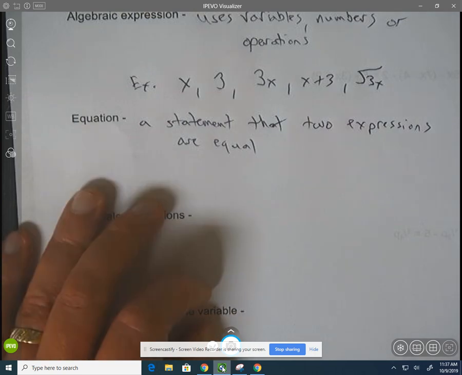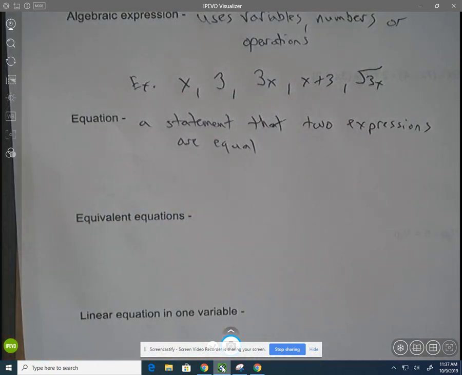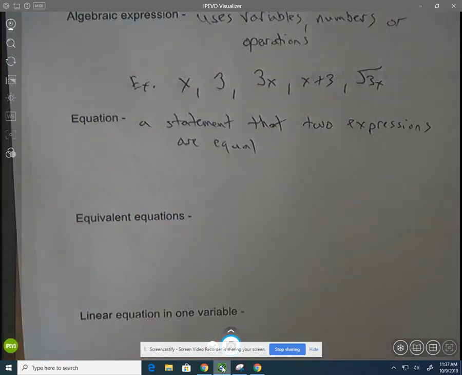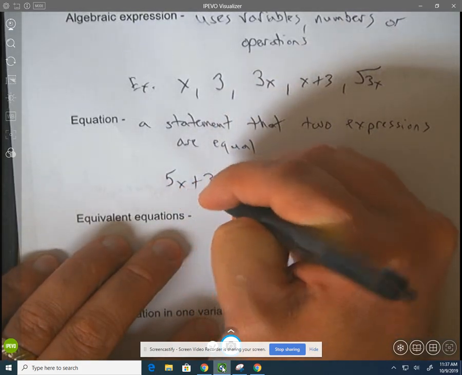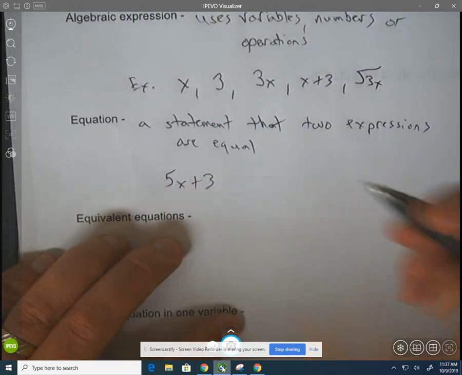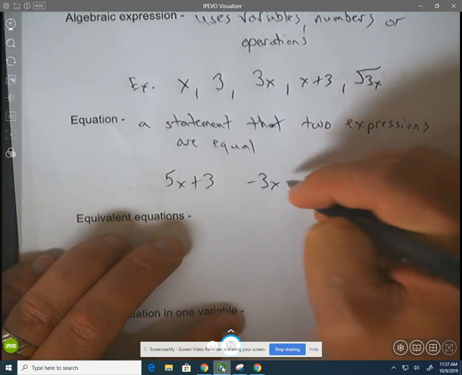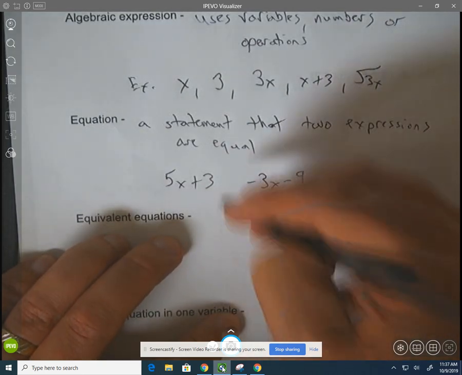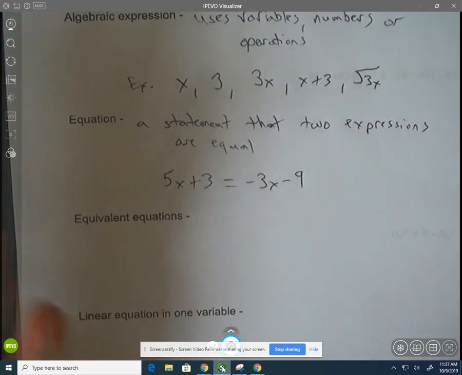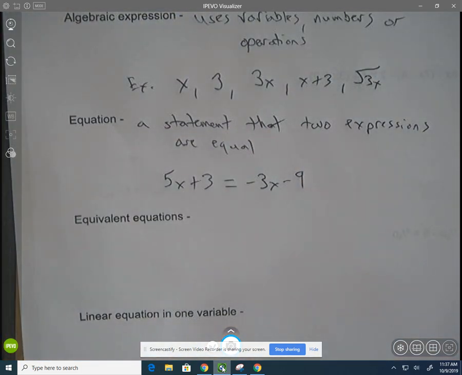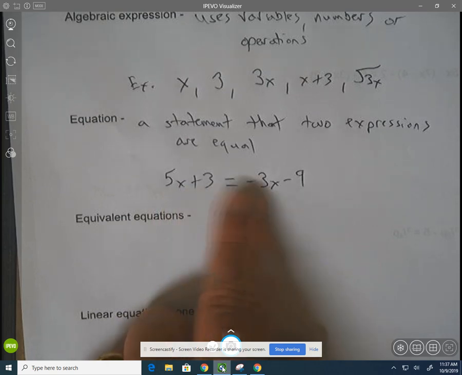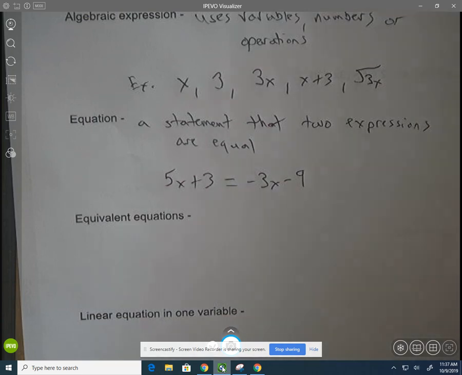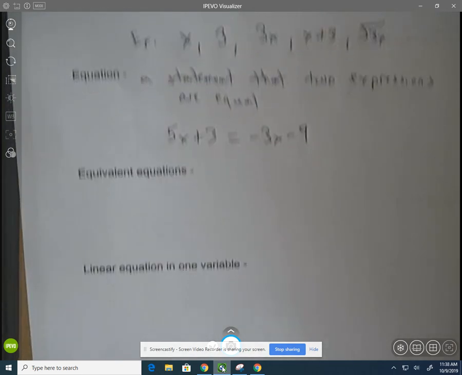So for example, if I have one algebraic expression, 5x plus 3, and another algebraic expression, negative 3x minus 9, if I set those equal to each other, that's an equation. And when we talk about solutions of this equation, we're simply talking about what values of the variable I need to put in for x to make this equation true.